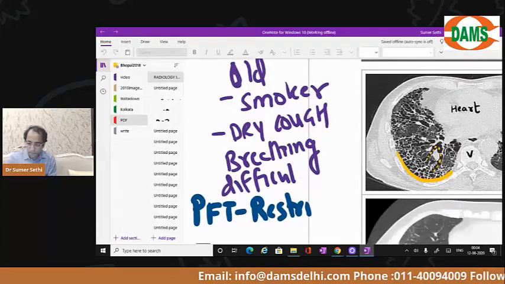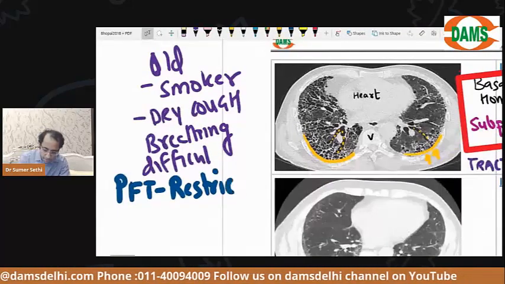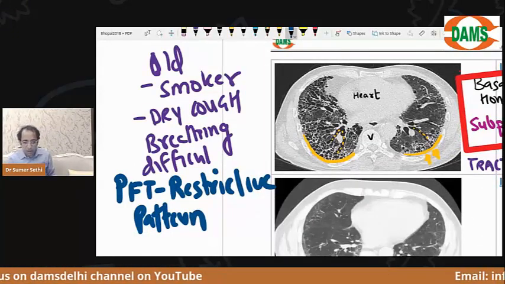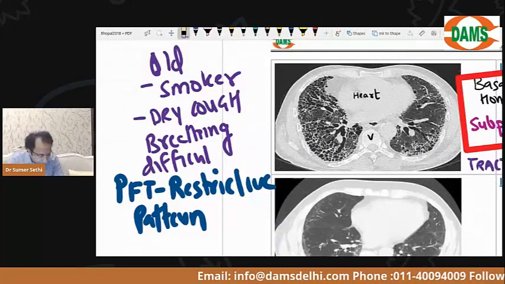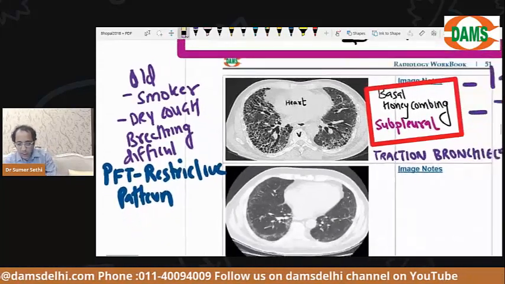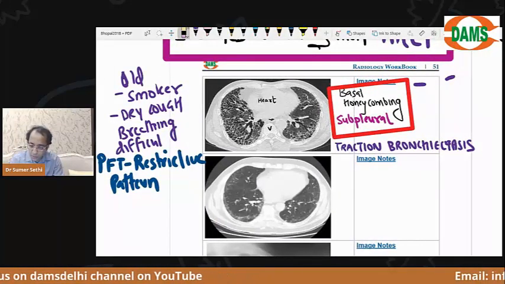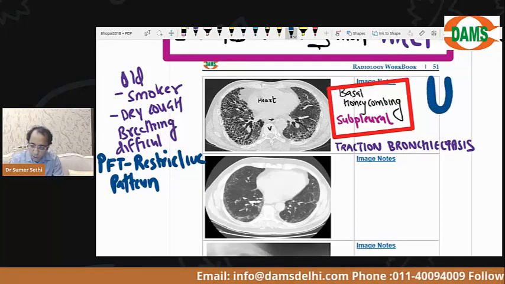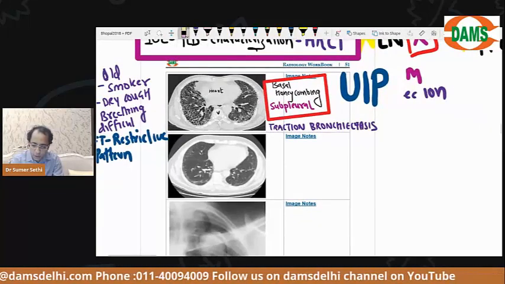Any one of you. So we're looking at ILD, but within interstitial lung disease, if we find honeycombing and traction bronchiectasis at the lung base, what do we call it? That is where we use a term called UIP. This pattern is called UIP. What is UIP?